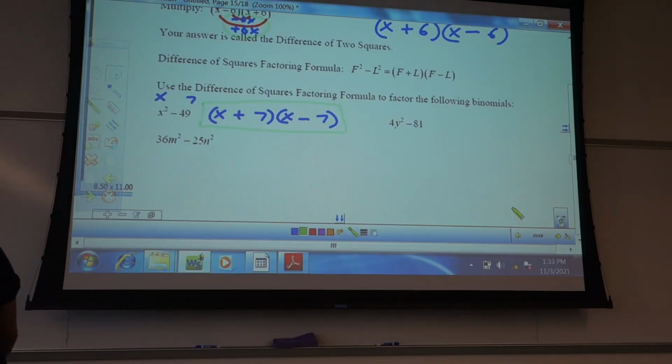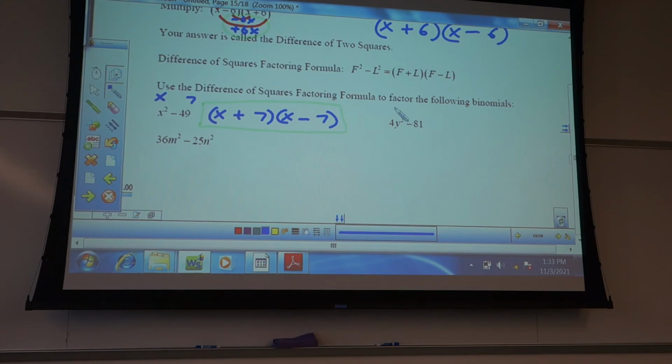So let's see. 4y squared comes from 2y. 81 comes from 9. So it's going to be 2y, 2y and 9, 9, one plus, one minus.